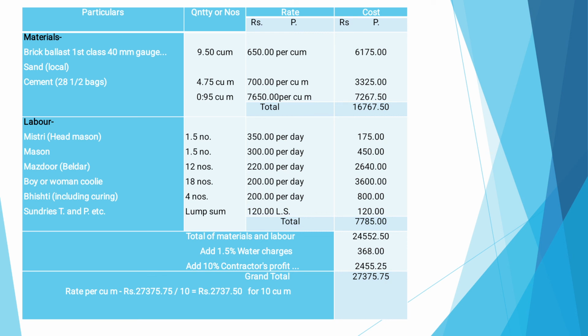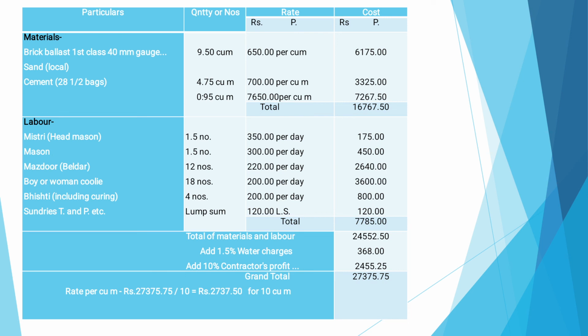Then add 1.5% of water charges, we got the value of 368 rupees. Then add 10% contract profit. The contract profit is 2455.25 rupees. Then the grand total is 27,375.75 rupees.